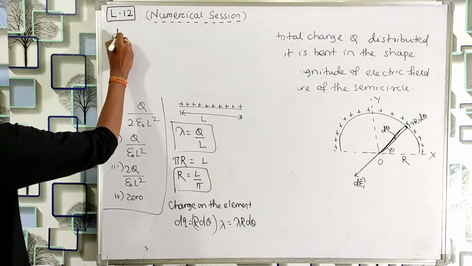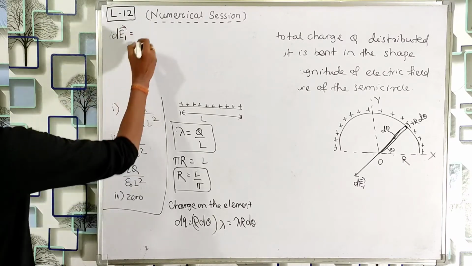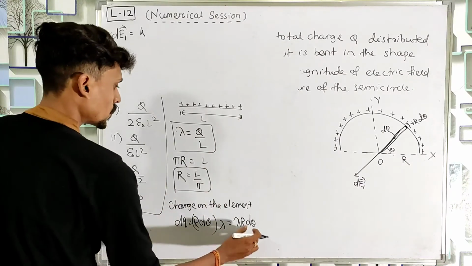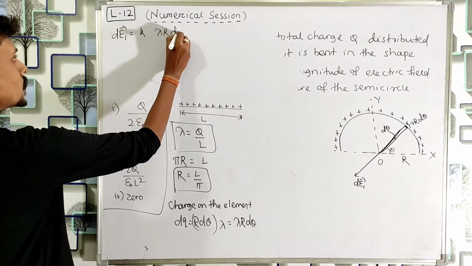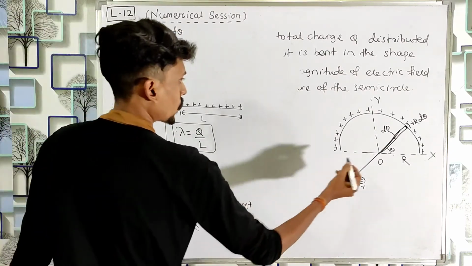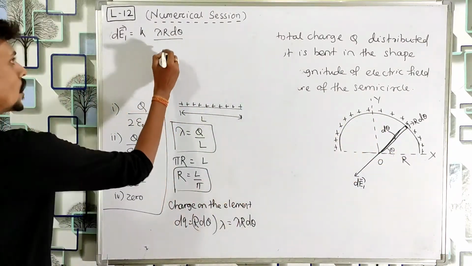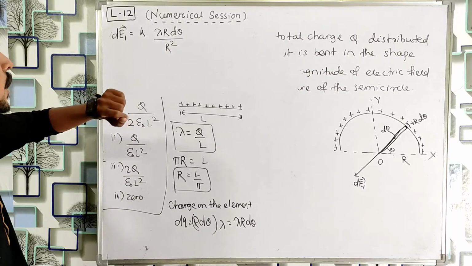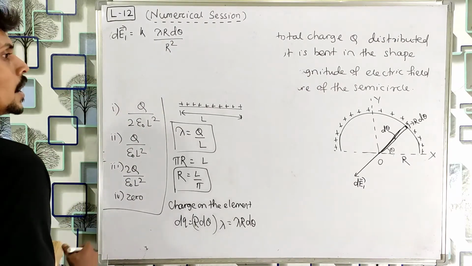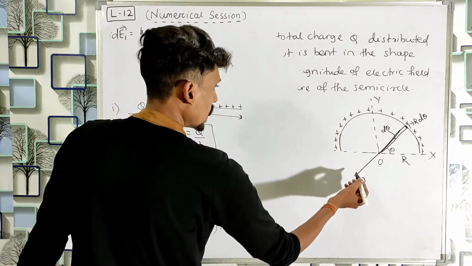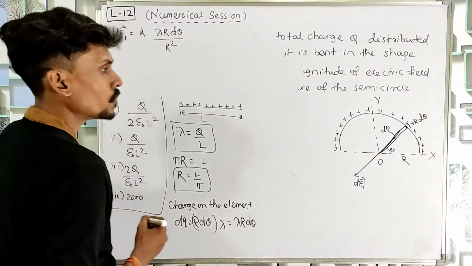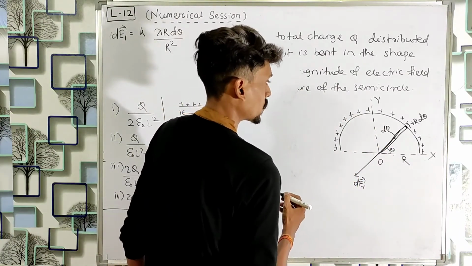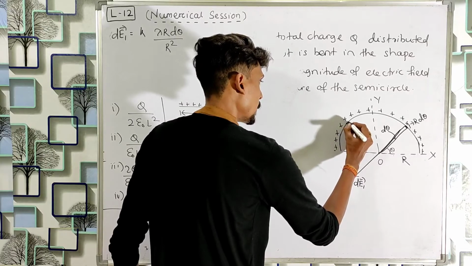Now tell me what will be the expression for the dE1 vector? It will be K, the Coulomb's constant, into the charge on the element, lambda R d theta, divided by distance squared. The distance is the radius, so r squared. K lambda R d theta divided by r squared, and its direction is in this direction. Okay, now we will choose another element on the other half of the semicircle. I will choose a second element somewhere here.